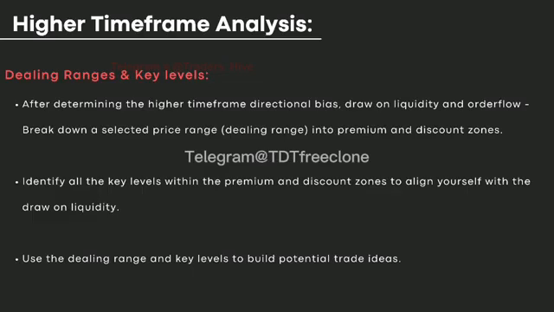Think of this range as a zone of opportunity. The premium zone represents an area where price might be overextended, and the discount zone represents an area where price might be undervalued. This dissection will help you focus on where the best opportunity lies.